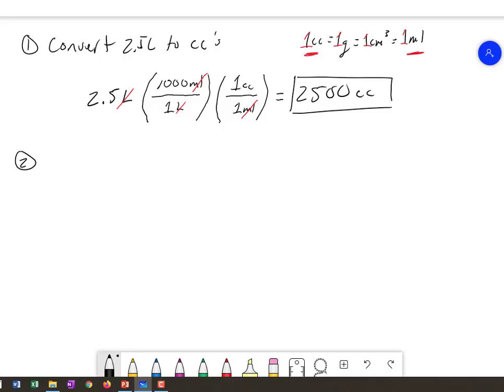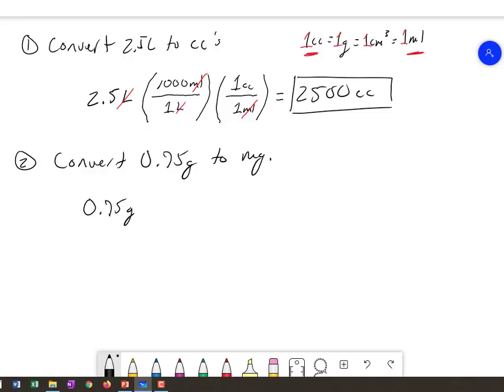Okay, so second question is convert 0.75 grams to milligrams. Same concept here. Start with 0.75 grams. Now I need to get this into milligrams, and so this should be an easy conversion.